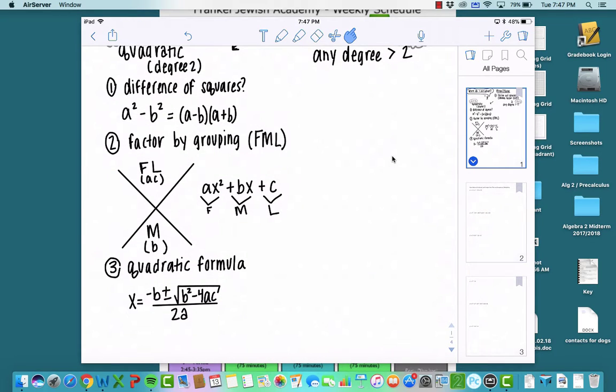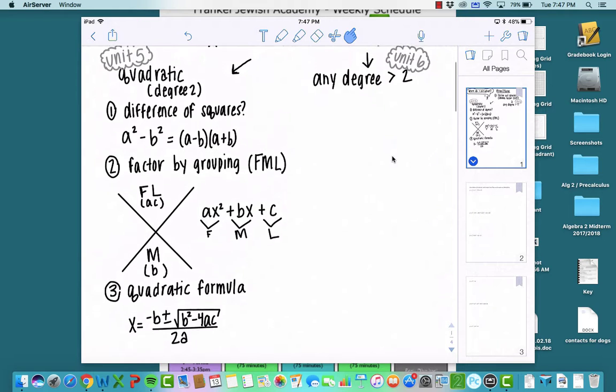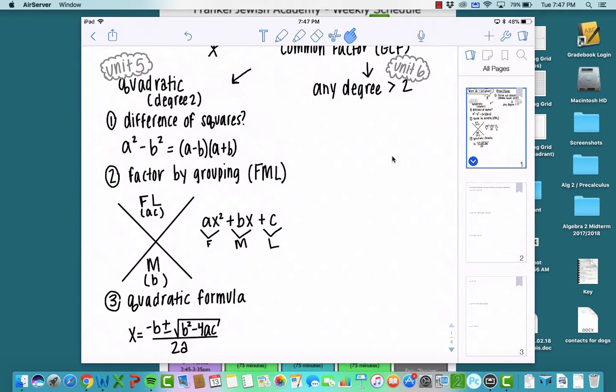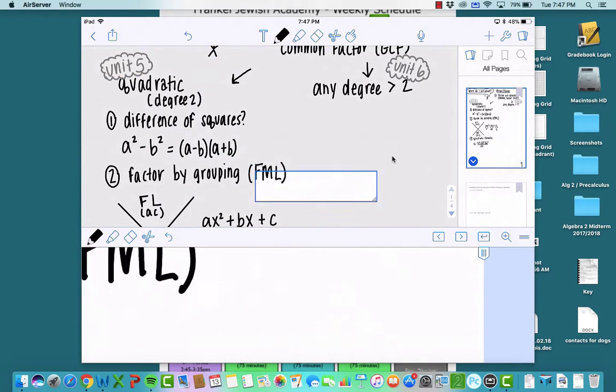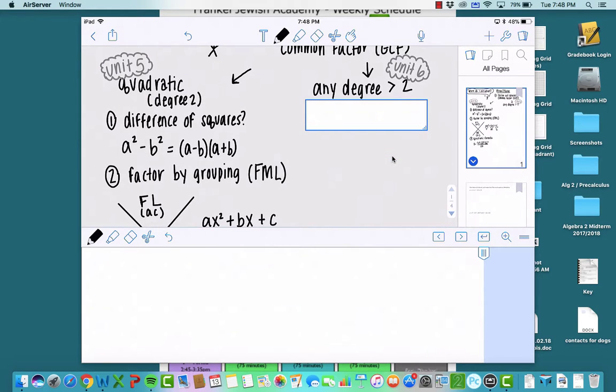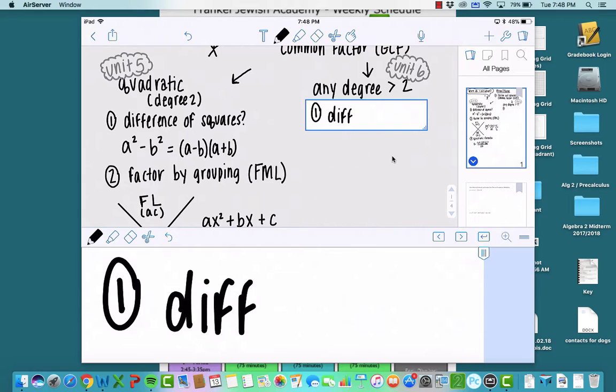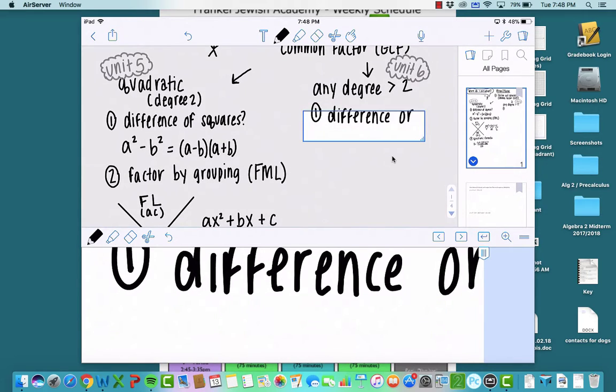So those are the three different ways you can factor something that's quadratic. There are also a few more ways that we can factor with a degree larger than 2. The first way is the difference or sum of cubes.